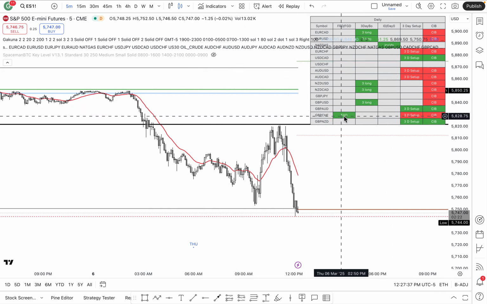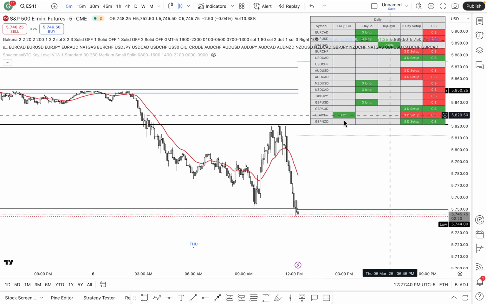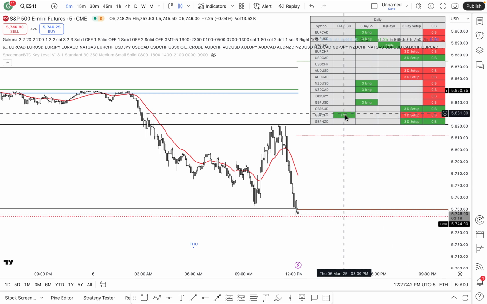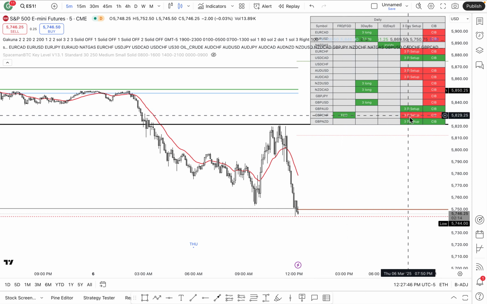GBP Swiss franc, a 3-day setup. It also indicated that it's an FGD that was due to the build-up of yesterday, but it's a 3-day setup. At the end of the day, the market presents the 3-day setup.